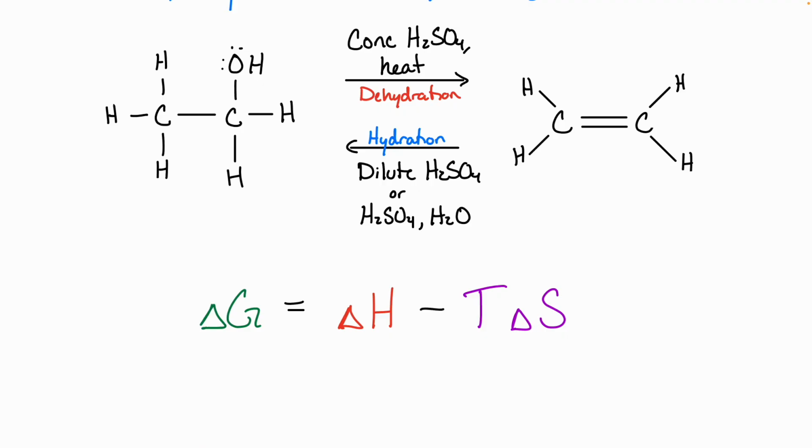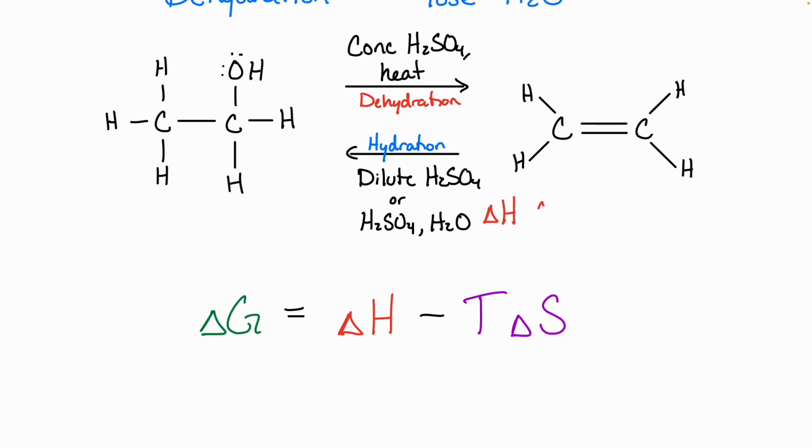Okay, so it turns out that one of these processes is favorable from an enthalpy standpoint, and that is our hydration reaction. This is delta H favorable, meaning that the energy it takes to break that carbon-carbon double bond is less than the energy that's released when you make these new carbon-hydrogen and carbon-oxygen bonds, right? So from a bond making and breaking standpoint, this hydration reaction is the one that's more favorable.